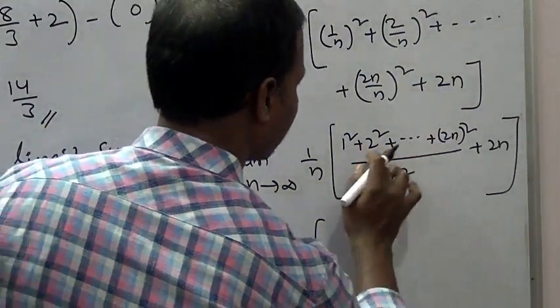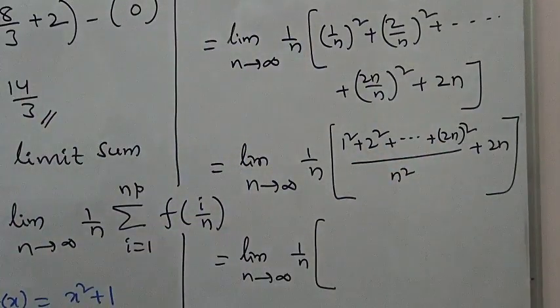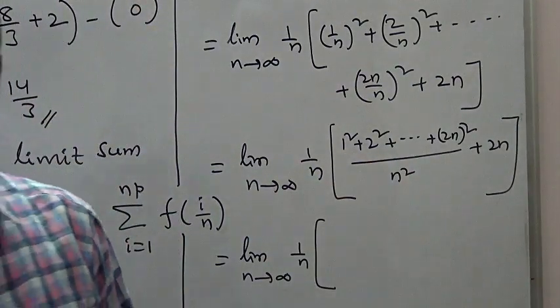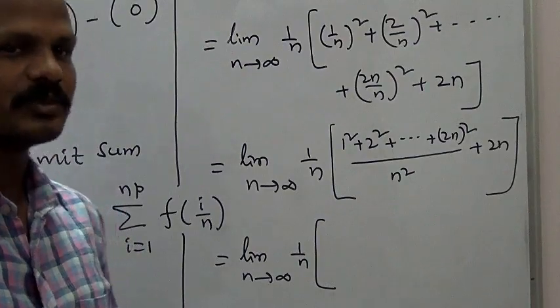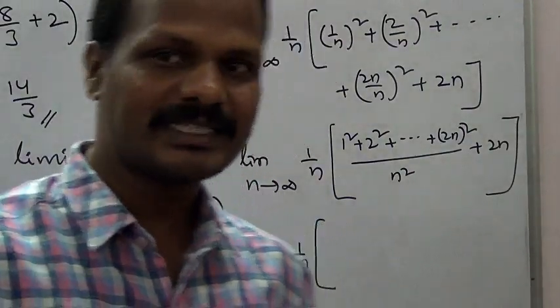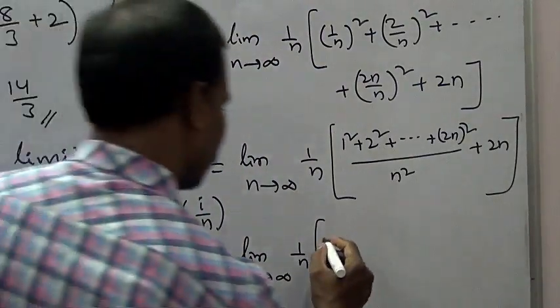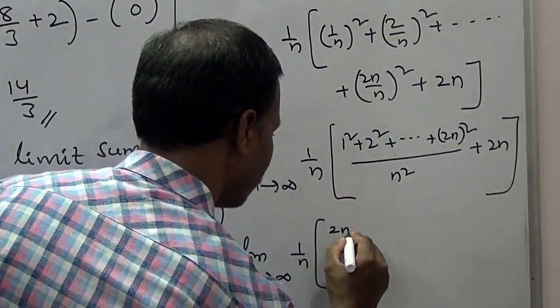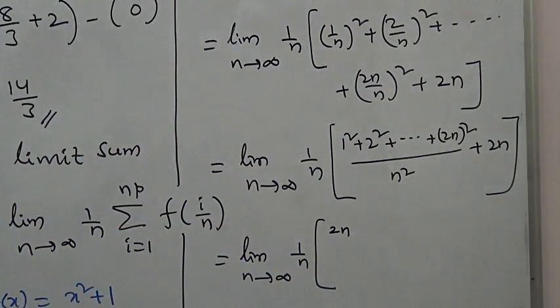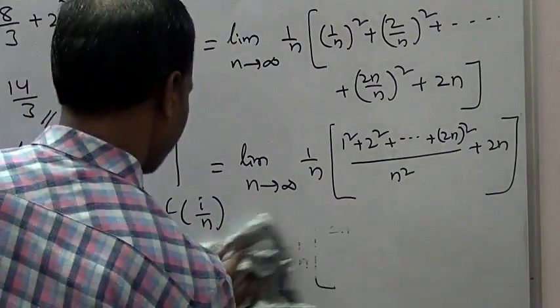Now what is this? It is the sum of the squares of the 2n terms. So that is n into n plus 1 into 2n plus 1 by 6, where n means 2n.